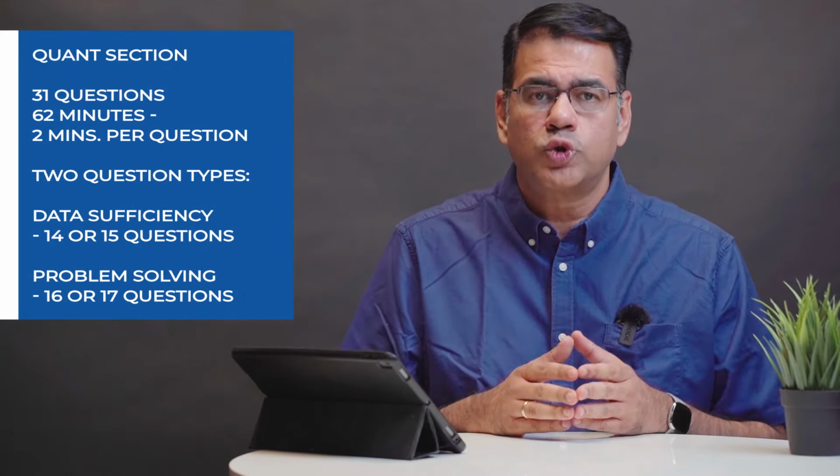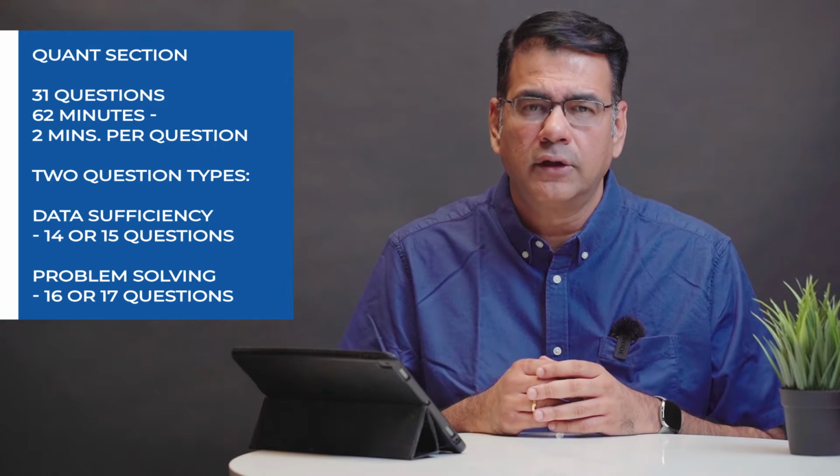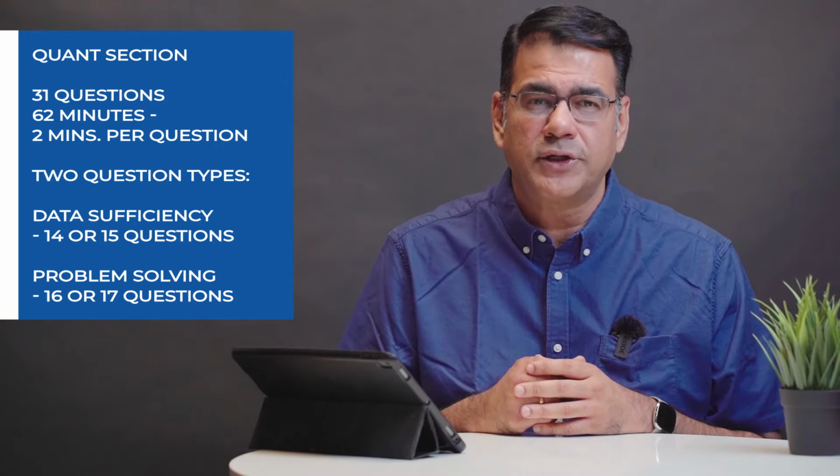And what are these 2 sections? Well, they are the quantitative and the verbal section. In the end, your 800 score is finally what the B school will be looking at, and your score will depend on the score in the quantitative section and the verbal section taken together. You will be given 62 minutes to solve 31 questions in Quant, which is approximately 2 minutes per question.